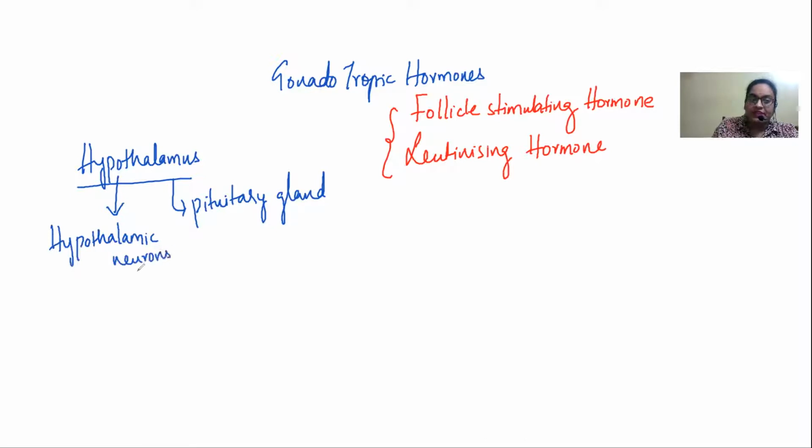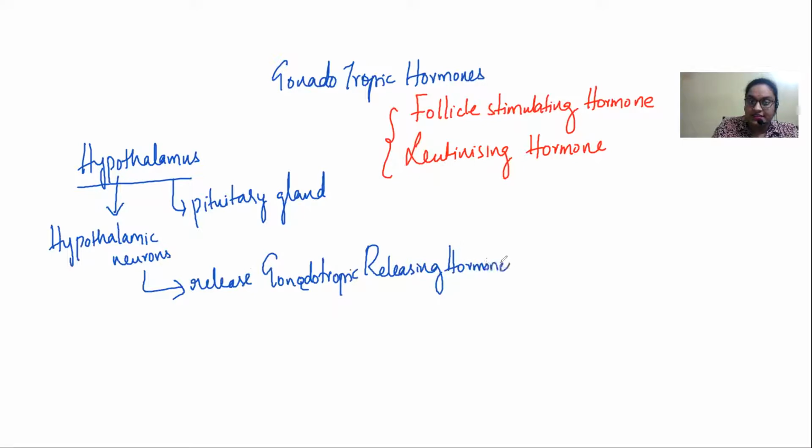These hypothalamic neurons release neurohormones called gonadotropic releasing hormones, which here I'm writing as GnRH.